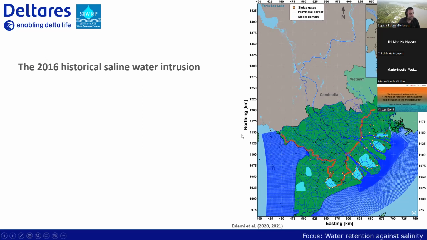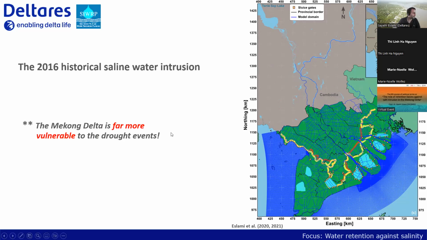And we did an exercise to show that if the riverbed level in the delta did not change, salinity in the year 2016 would be significantly lower, in some places by as much as 20 kilometers. So the message here is that the Mekong Delta is far more vulnerable to drought events than it was 2 decades ago.